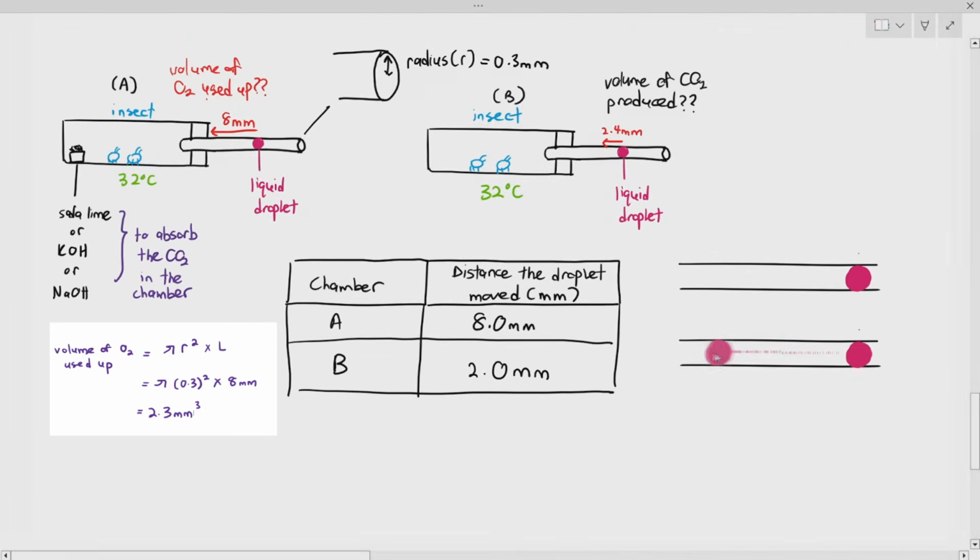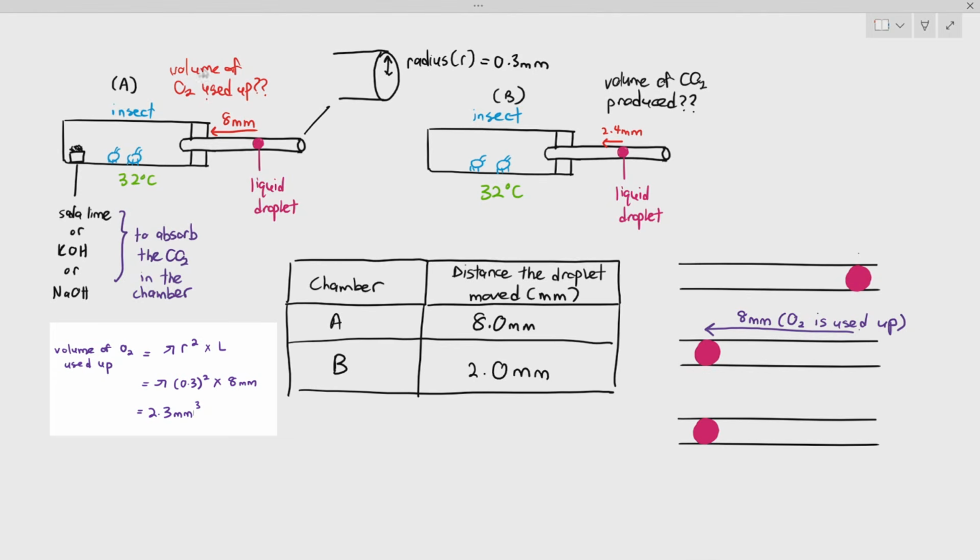The reason is that the liquid droplet moved 8 millimeters because it uses up oxygen, but because the carbon dioxide was being produced, it pushed it back by a total of 6 millimeters, which means the net movement is only 2 millimeters overall. So we can assume that this is the volume which I'm highlighting here. This is the volume of carbon dioxide that was being produced by the insect.